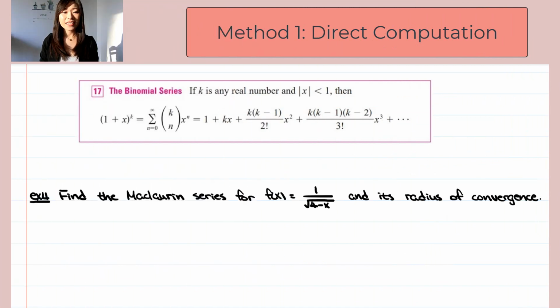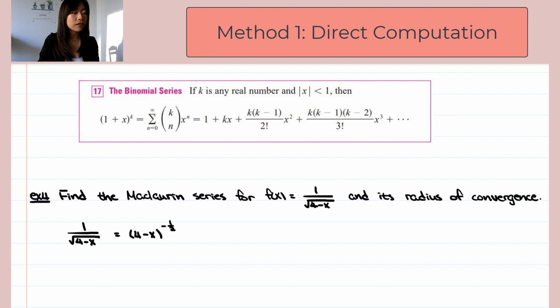Now let's look at one last example for this lecture. Let's find the Maclaurin series for the function 1 over the square root of (4 minus x) and its radius of convergence. We can actually rewrite this function as the function in example 3. 1 over the square root of (4 minus x) also equals (4 minus x) to the power of negative half.